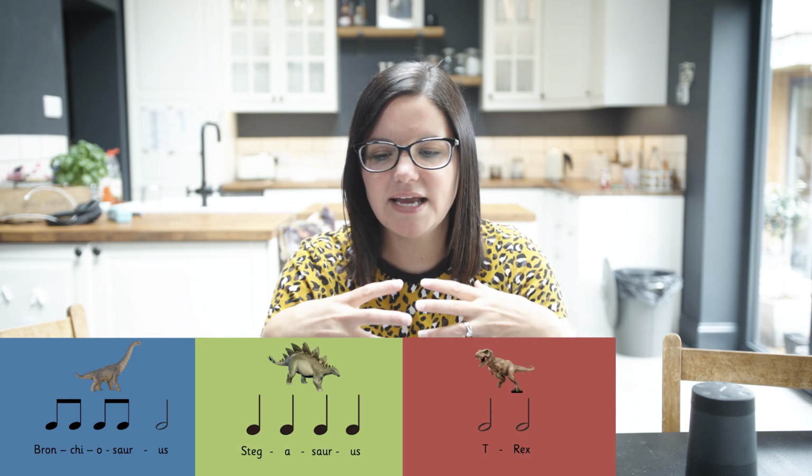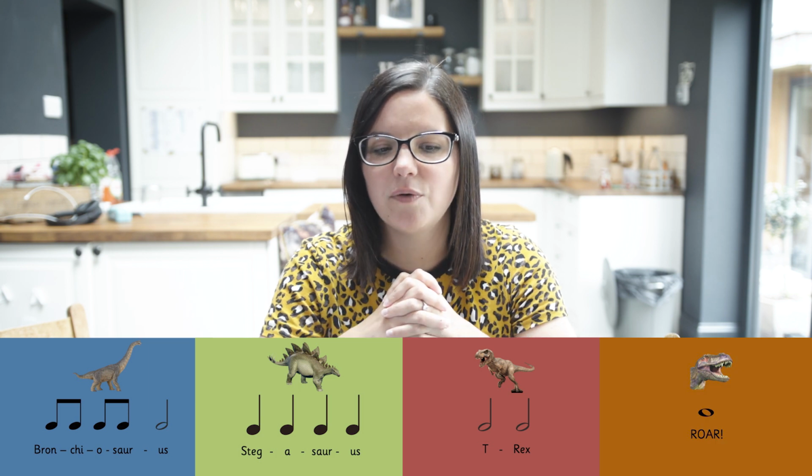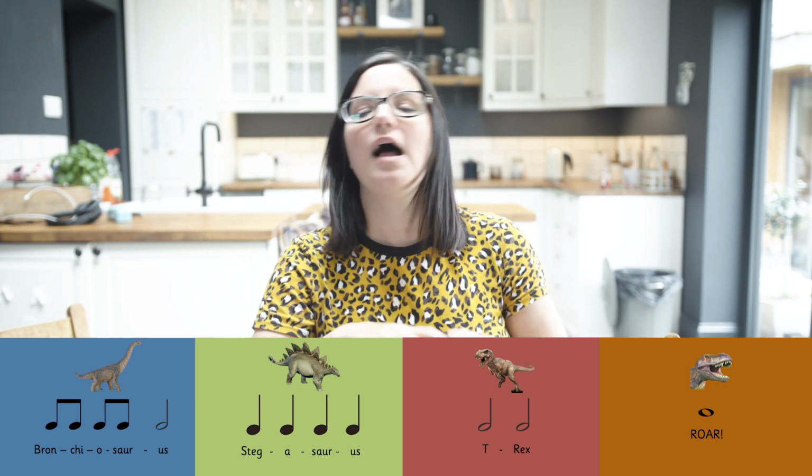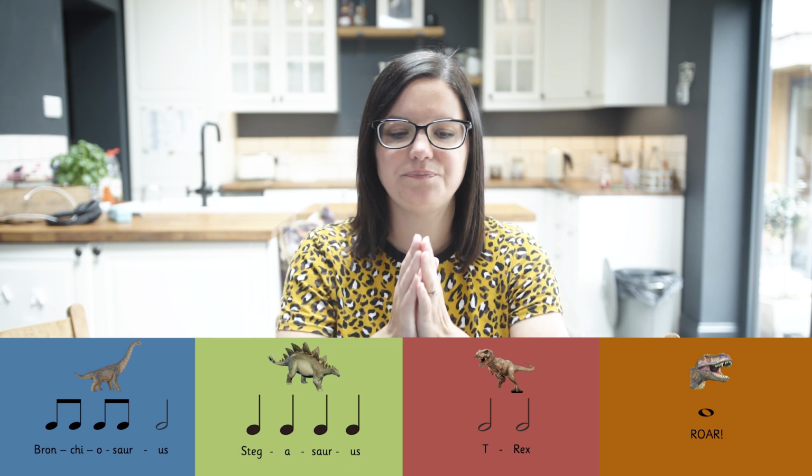But for now, we're going to see if we can put some of those together to create our own rhythm piece using the dinosaur words. Okay, so have a look on the screen. You can see Bronchiosaurus, Stegosaurus, T-Rex and roar. I'm going to clap this one this time.